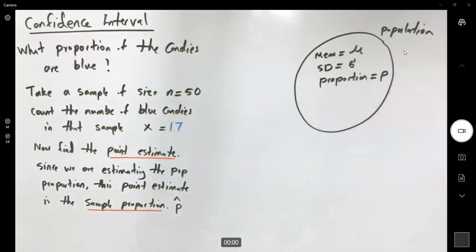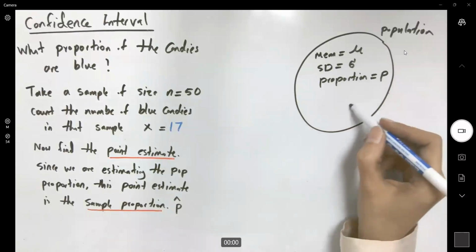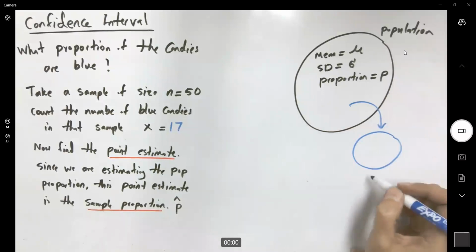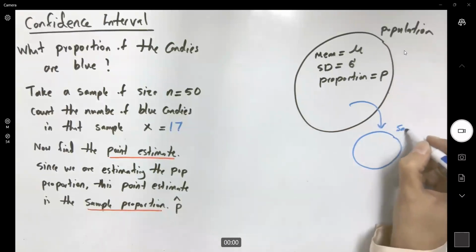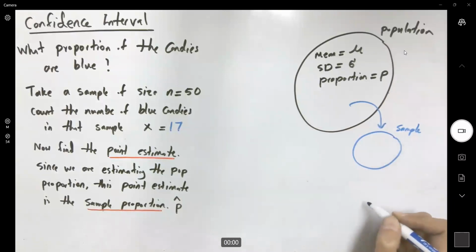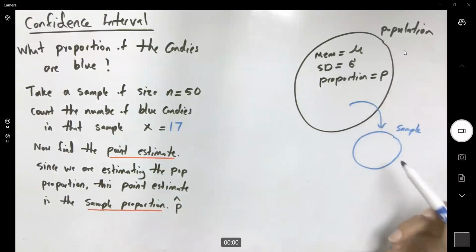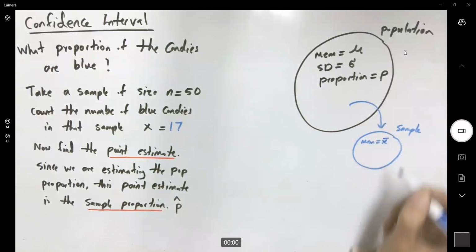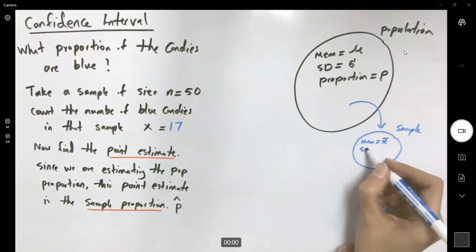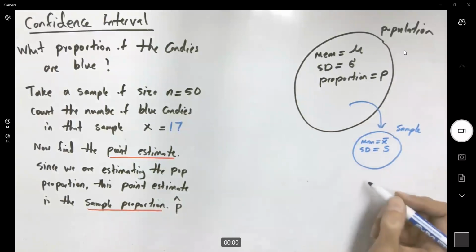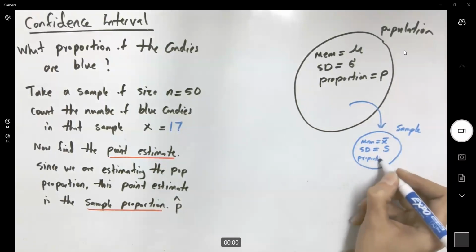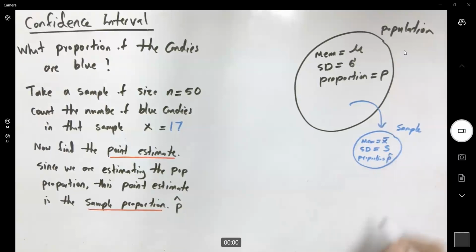And when we take a random sample out of this population, we have sample statistics. For a sample, we have the mean of that sample, denoted by X bar, the standard deviation of the sample, denoted by S, and the sample proportion, denoted by p with a hat on top of it.